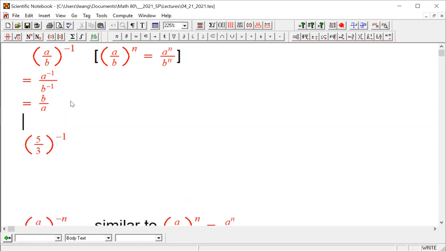I want you to simplify this one. What we want is to get rid of the negative exponent, so you will not have negative exponents in the end.